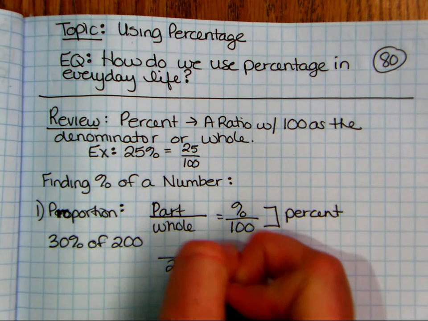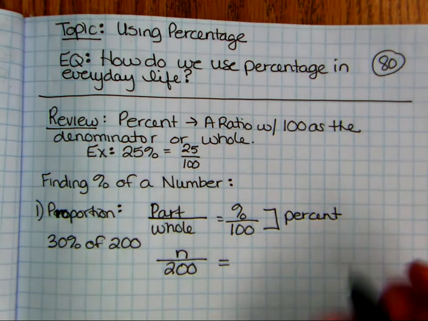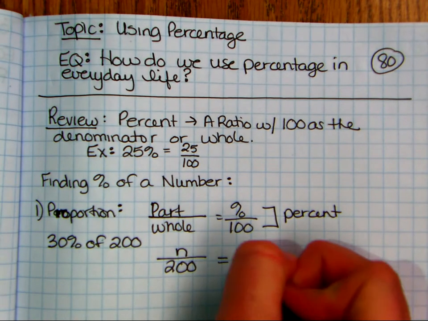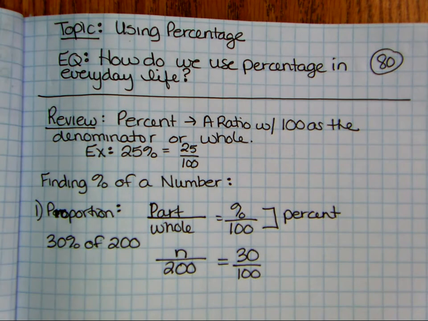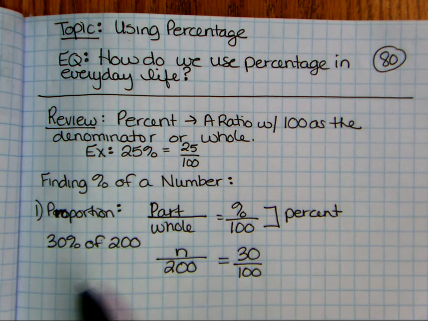We don't know what that part is, though. We do know the percentage that we're looking at, which is 30, and we know it's going to be out of 100. Now, I could solve this in a couple different ways. I could solve it using cross product and do 200 times 30 is equivalent to 100 times n, and then solve for n. But in looking at this, there's a simpler way.